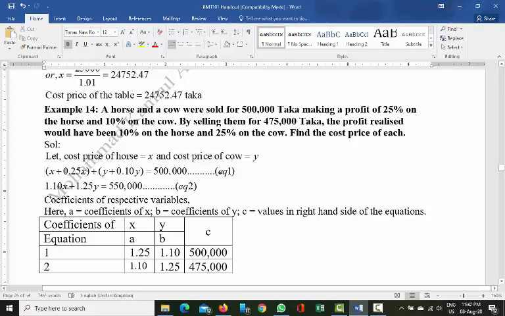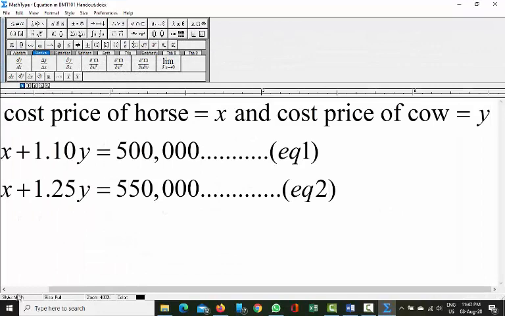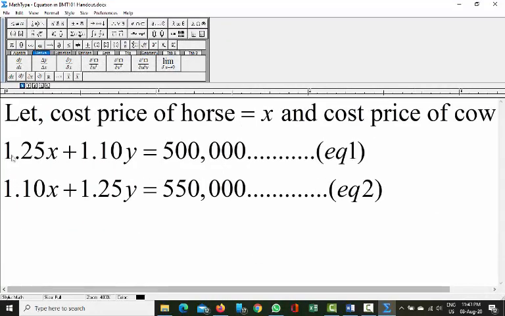So X plus 0.25x, that means 1.25x. Assume the cost of the horse is 1 taka and you are making 25% profit on it.